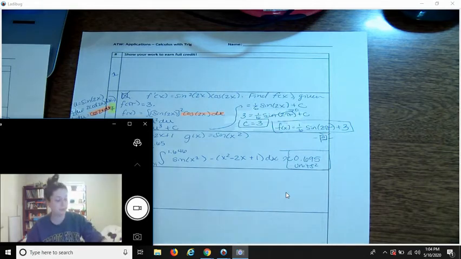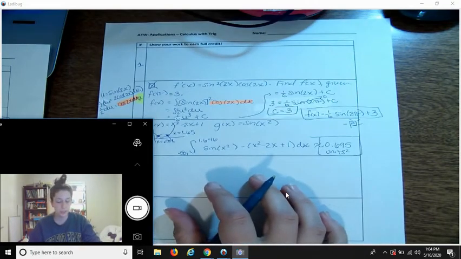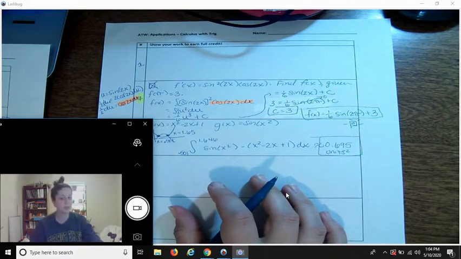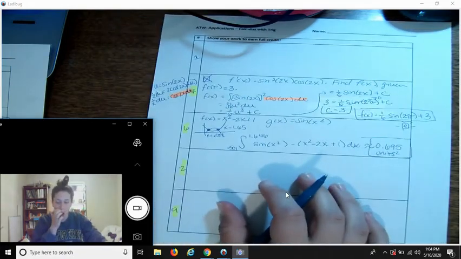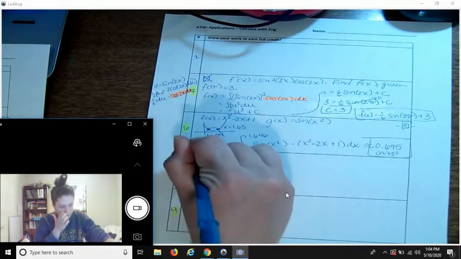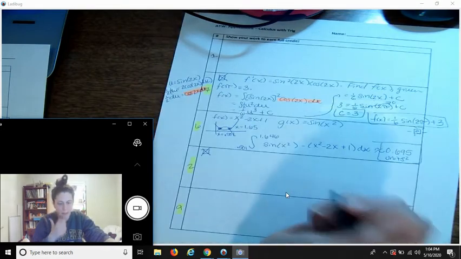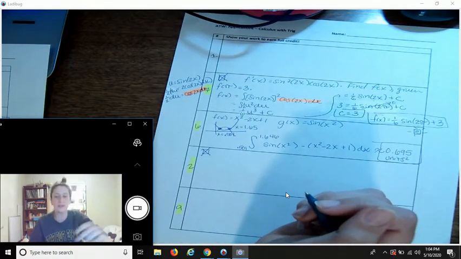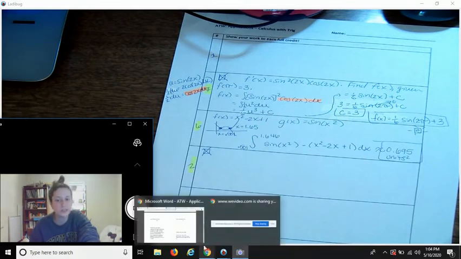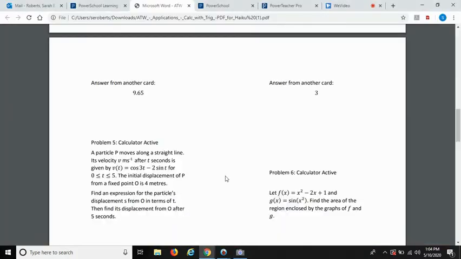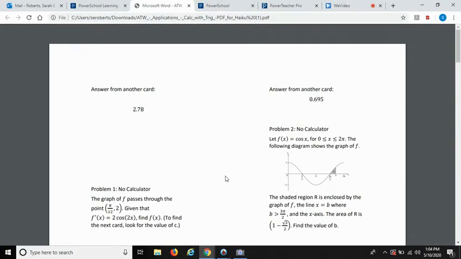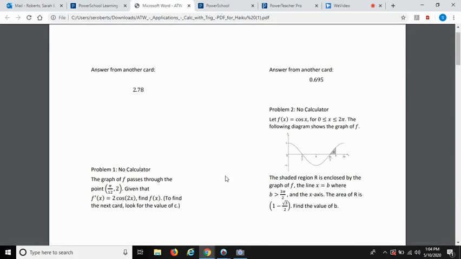Next was number 2. And in number 2, I think there was, nope, not a specific question. We'll just do it. Okay. This one was not calculator active. And let's see what the actual question asked us. I really should have just printed this out. Okay, so it says no calculator, let f of x equal cosine x from 0 to 2 pi.